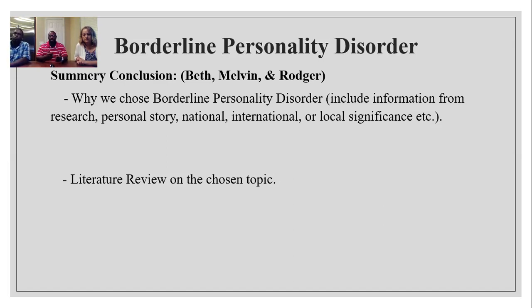The reason why we chose this subject is because it's prevalent. It's most significant today. As we discussed with the statistics and the criteria, there are many who suffer from borderline personality disorder, and those of us who have a passion for people want to help them as well.